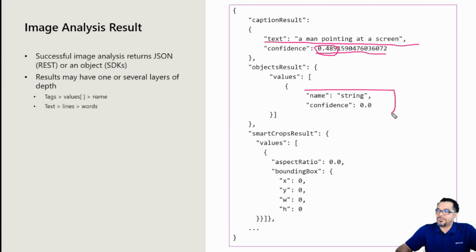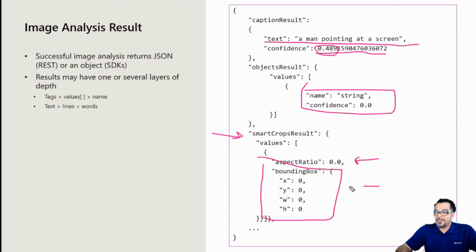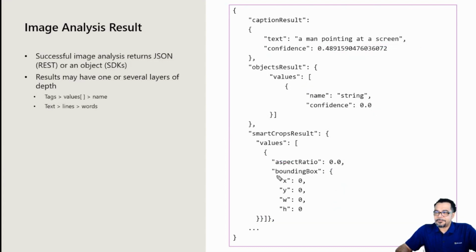If there are any additional strings, you'll see names in there. And then finally, you have your smart cropped aspect ratio and what's called the bounding box. The bounding box is important because it is essentially coordinates within the image showing where certain things were identified.